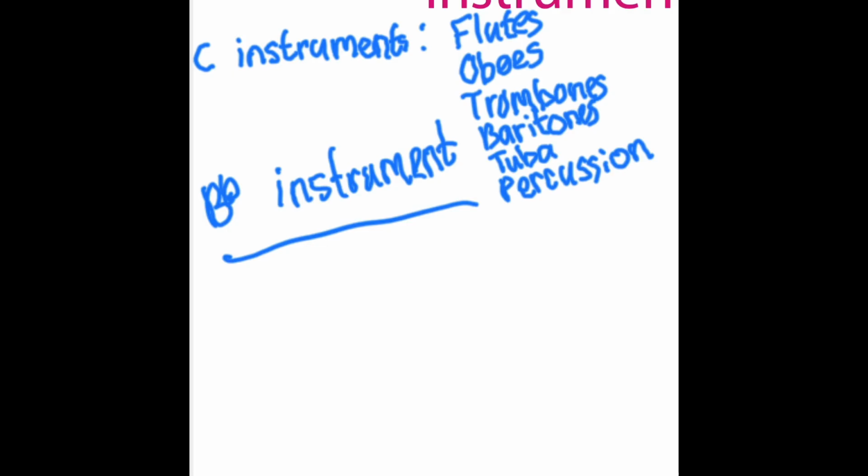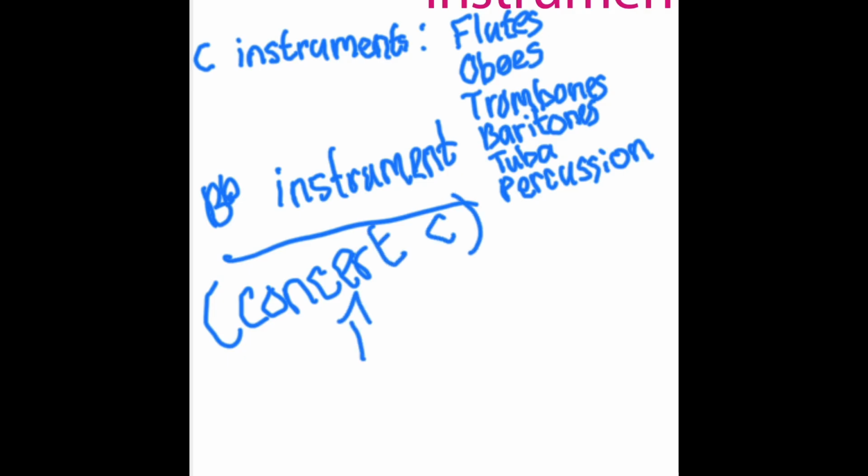What if they asked the trumpets, the clarinets, and any other transcribing instrument to play B flat? Their version of B flat is going to be concert C, and the reason is that they go up by a whole step.